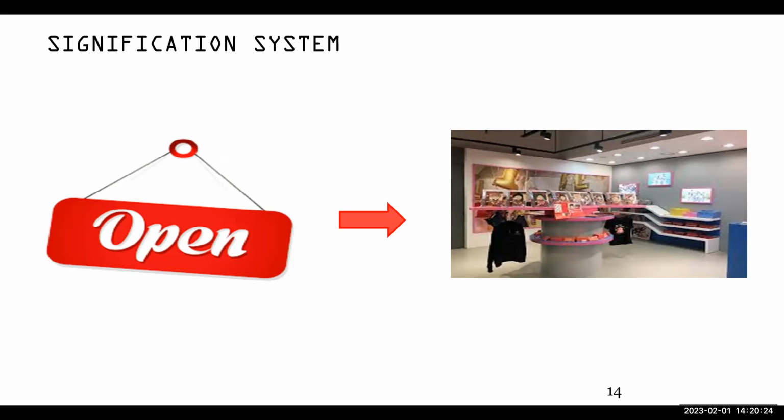So when you see a sign that says open, there are lots of cues which tell you that it is open. These are things which we never note. It's very unconscious. We just imagine open as open. But just think of it.